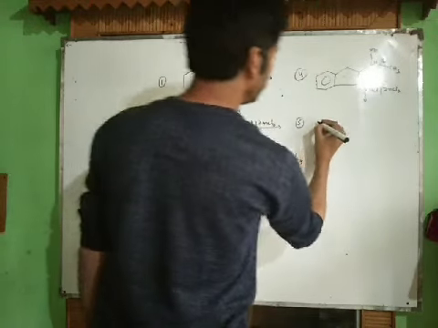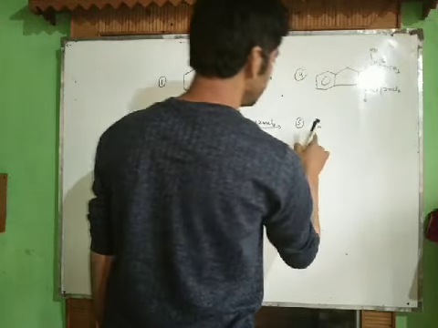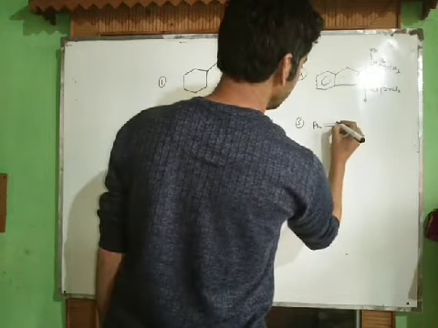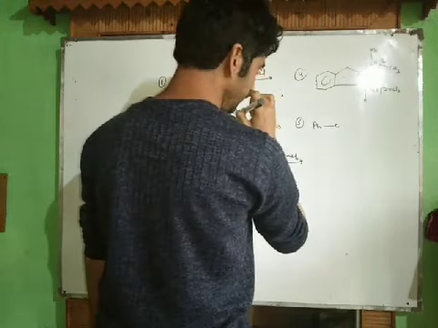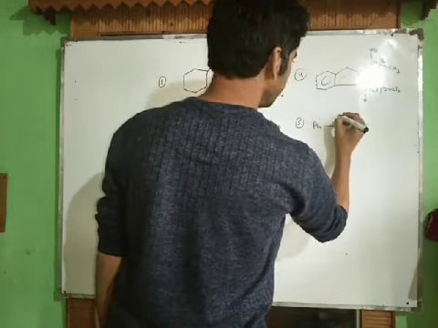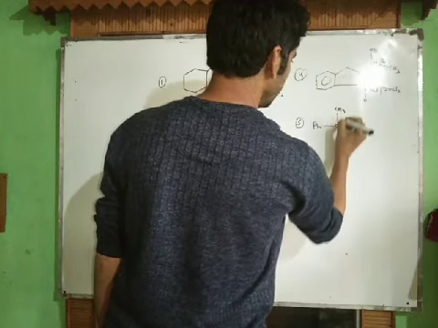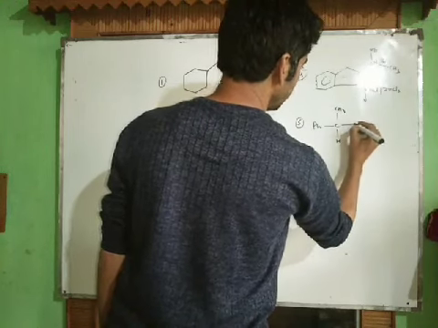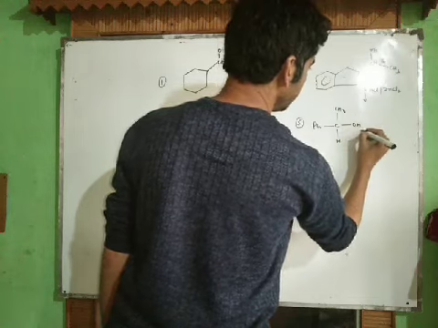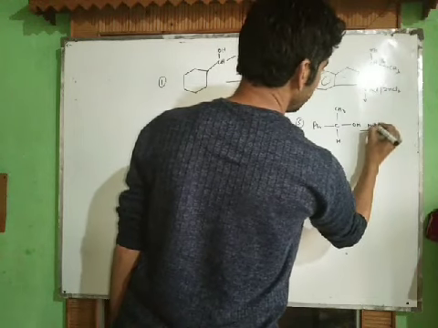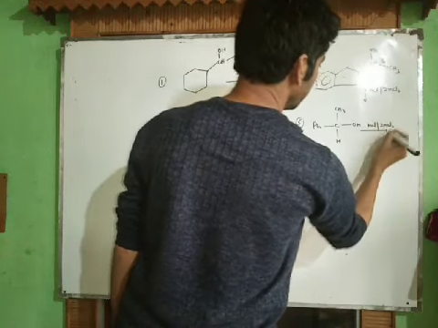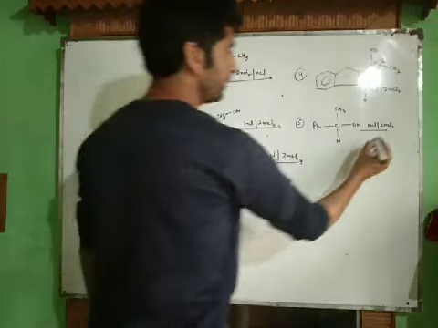Now let me take one more question. This is Ph, the phenyl group. This Ph is attached to a carbon, and to this carbon we have attached our CH3, our hydrogen, and our OH. Now it is treated with HCl, ZnCl2.